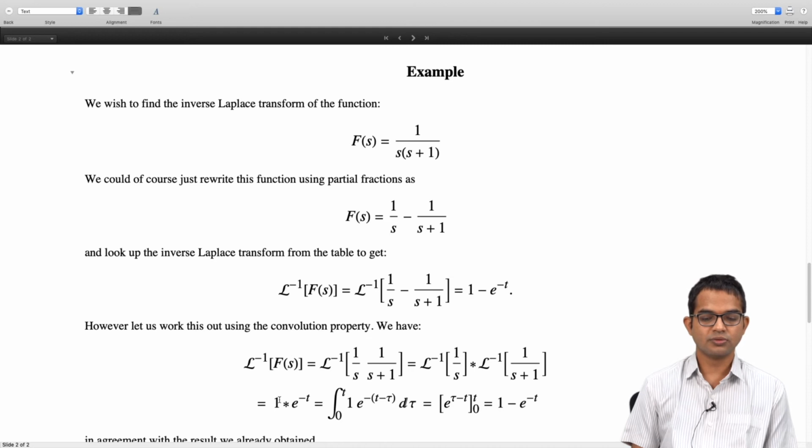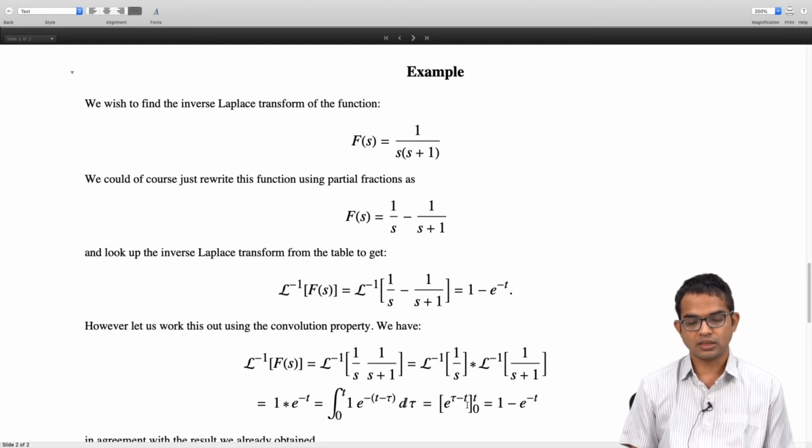So it is just the function f of t is equal to 1 convolved with e to the minus t, and this is nothing but the integral 0 to t of 1 times e to the minus (t minus tau) d tau, which is simply e to the (tau minus t), right? So it's an integral over tau.